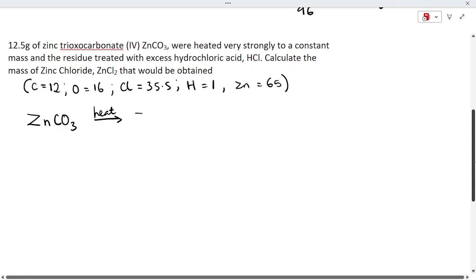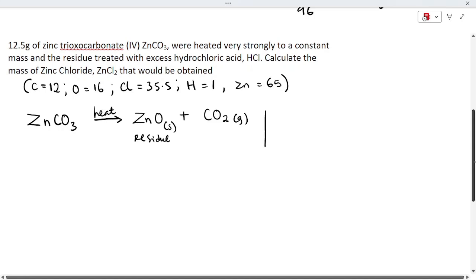That simply means that you're going to have zinc oxide and carbon dioxide. Carbon dioxide is a gas. Zinc oxide is solid. If you check through, I think the reaction is already balanced. So practically, the one that is solid is our residue.